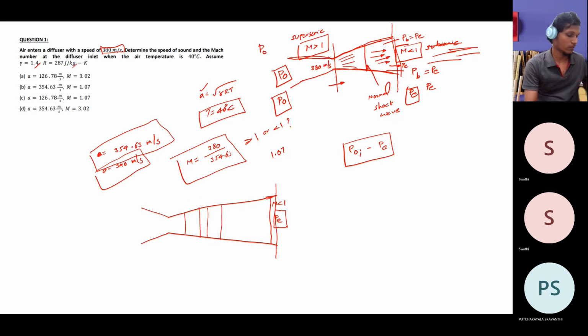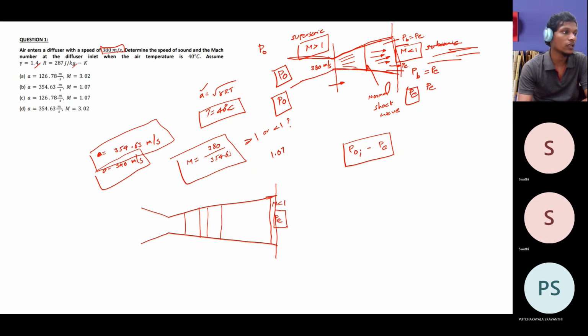Let me give a small recap of the last session. I hope this session is recording. Yes. Okay. In the last session we saw a few problems related to supersonic flows, that is, high-speed flows, and we solved a few problems on convergent-divergent nozzles, normal shock waves, and oblique shock wave problems.